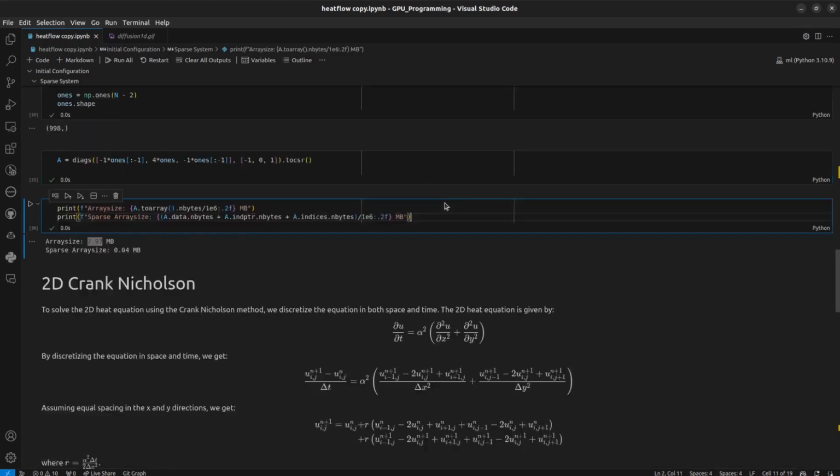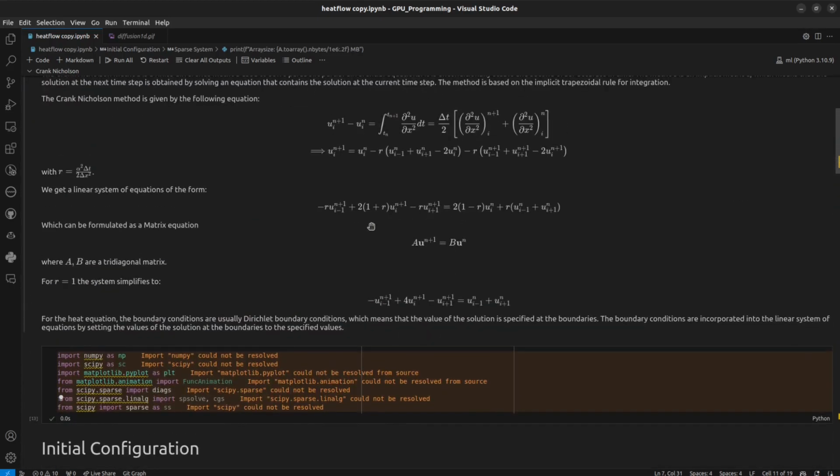Okay, now if we go back to our linear system of equations that we have to solve, we found the left-hand matrix that we're going to need to iterate, but we still haven't found the right-hand matrix.